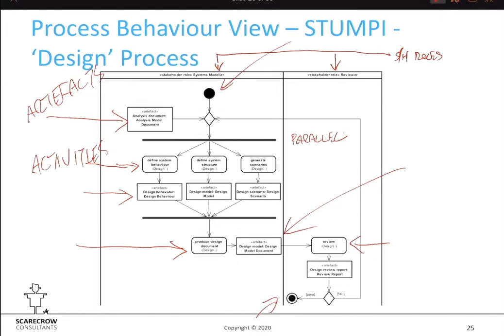Peter was asking, is there any reason not to use BPMN? Not really, in principle. I have to confess I haven't looked at BPMN for about 10 years. The reason we don't use it in Scarecrow is that everything we do, we do using SysML.